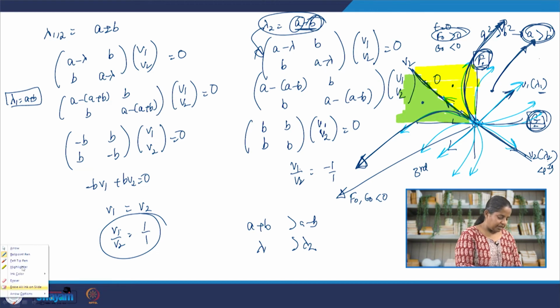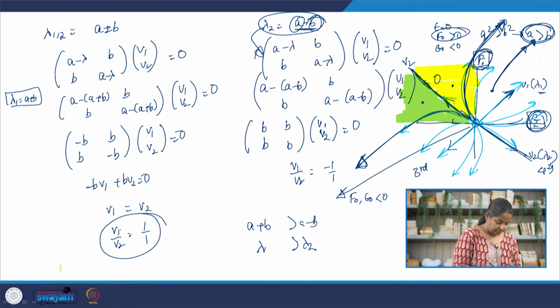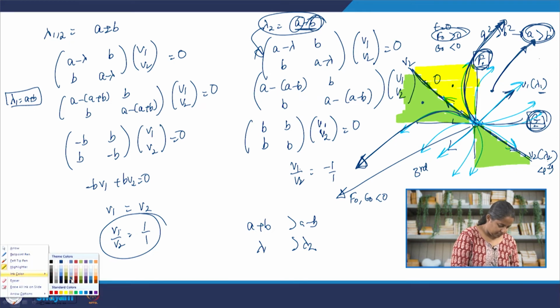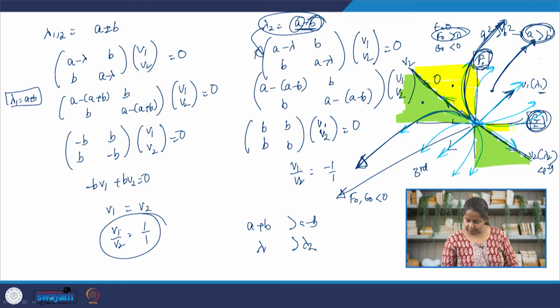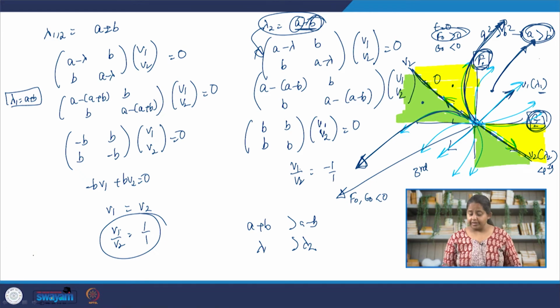So once again, I'm going to spend some time highlighting the two portions of the fourth quadrant, and then we'll look at two different possible starting points. Okay, so let's say we are starting here at the yellow portion.